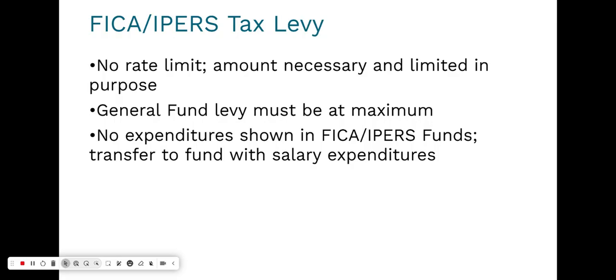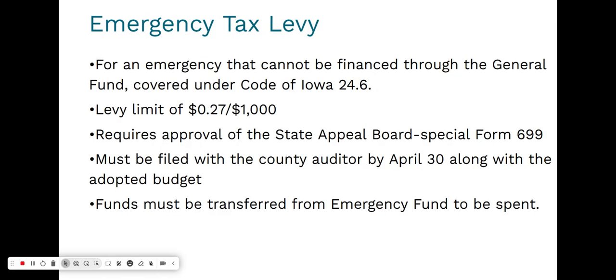And expenditures aren't actually shown in the FICA and IPERS funds. What you do is you bring the tax revenue into the FICA and/or IPERS funds and then transfer it to the fund with salary expenditures. So the revenue would then be transferred to the general fund to actually expend.